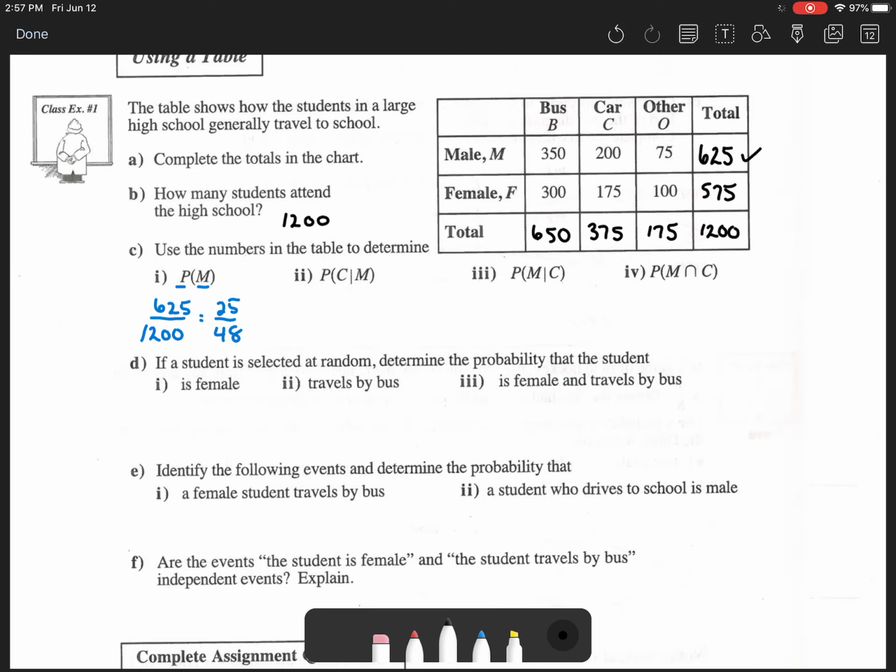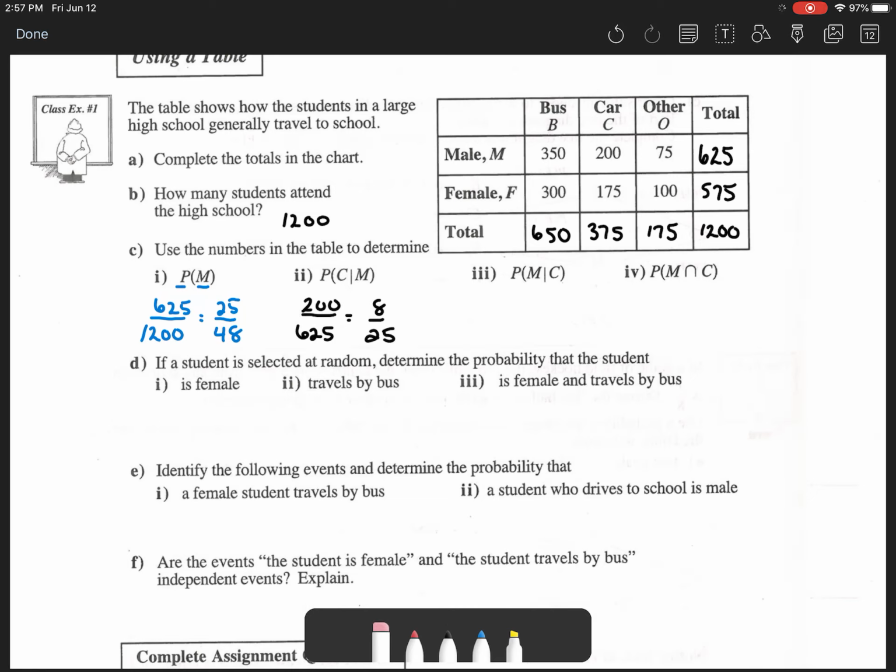Now, what's the probability of selecting a car given that we're dealing with the males? That's going to be 200 out of my total for this question, which is 625. Reduce that, and we get 8 over 25.